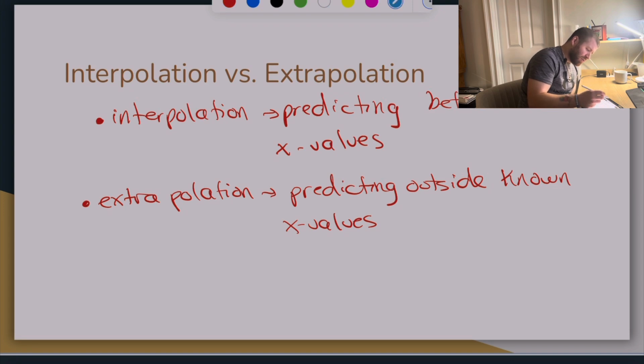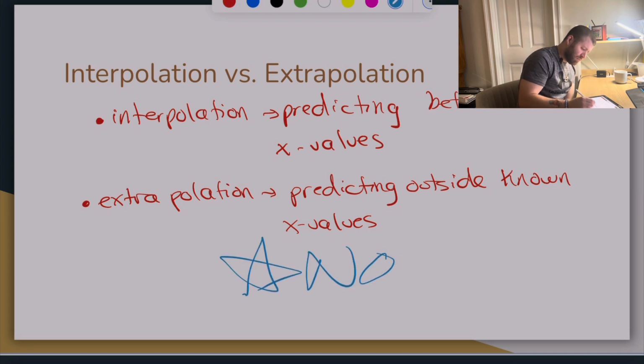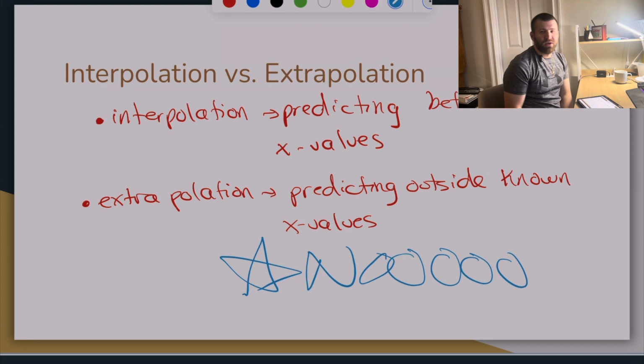One thing that's very important: extrapolation is never, ever, ever appropriate. Interpolation, completely fine. If I have an x equals 20 and an x equals 30 and I want to predict 25, totally cool. Outside of your data set, I have no idea if my relationship remains linear.